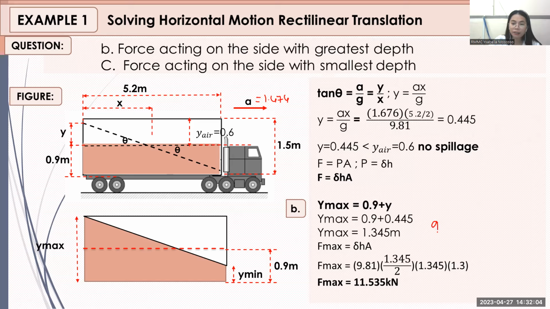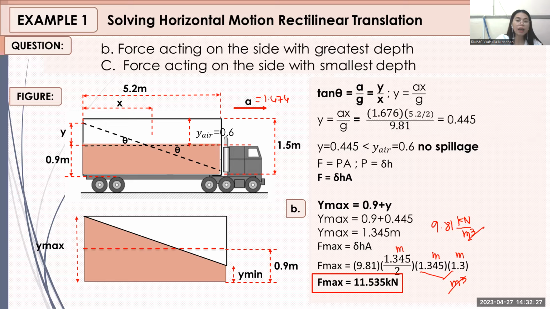No? Take note that 9.81, or your unit weight of water, that is kilonewton per cubic meter. This is meter, meter, meter. This is equivalent to cubic meter. Cubic meter here and cubic meter here will be cancelled, and naiwan na unit will be in kilonewton. I hope I'm making sense.